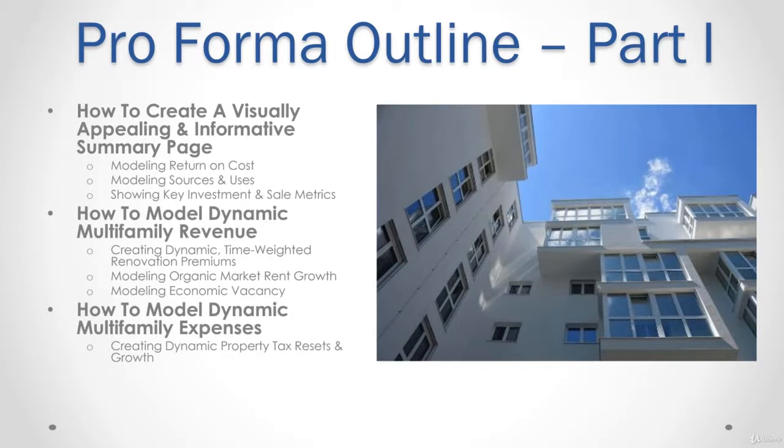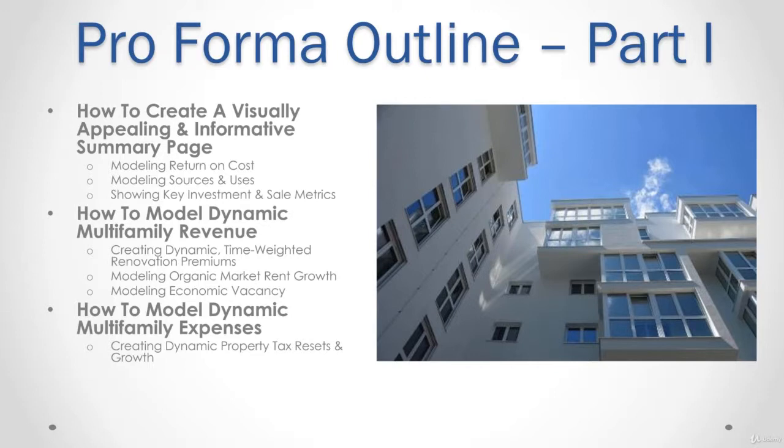So after we've built the summary page, the next thing that we're going to do is we are going to build a dynamic multifamily revenue tab. And that revenue tab is going to have a lot of different components. But essentially what it's going to do is it's going to create time-weighted renovation premiums. And what I mean by that is we're going to be able to create a summarized rent roll and unit mix that's going to show what current in-place rents are.